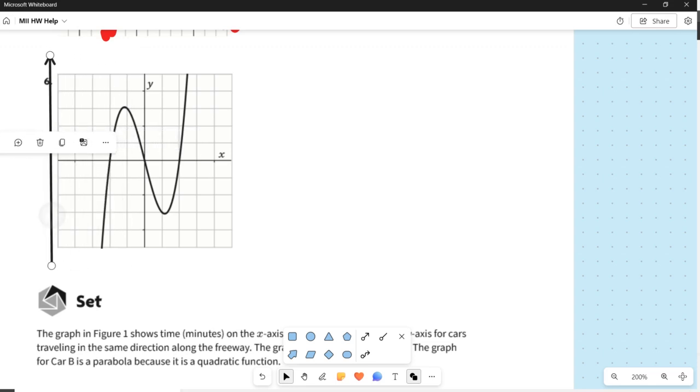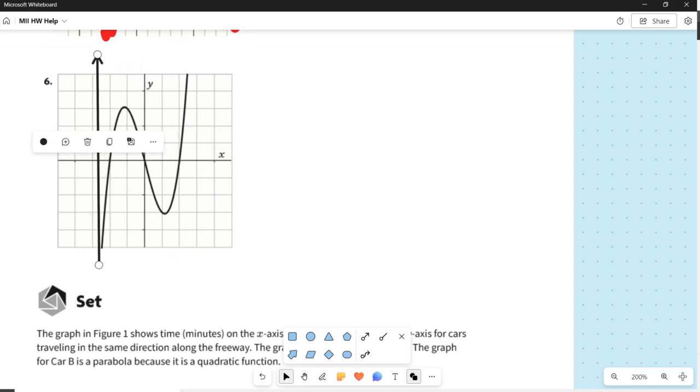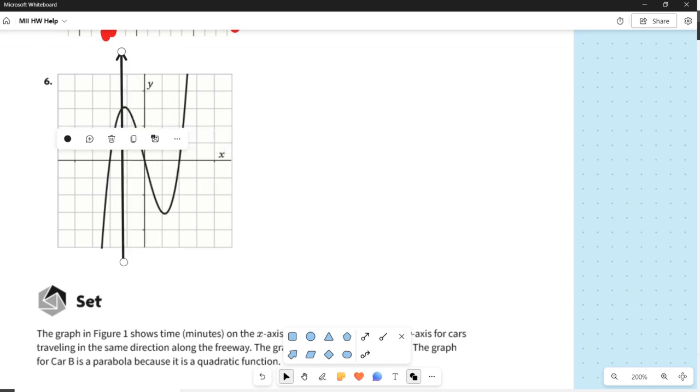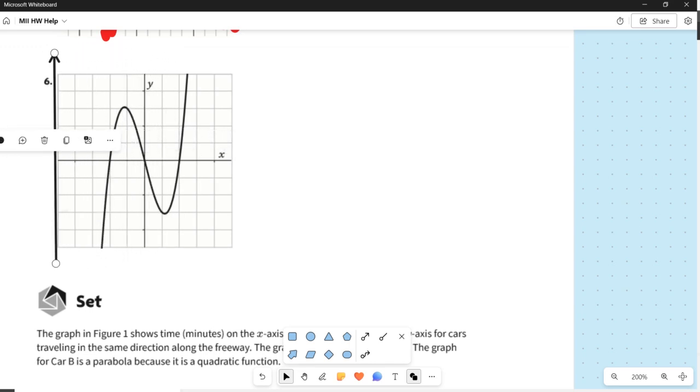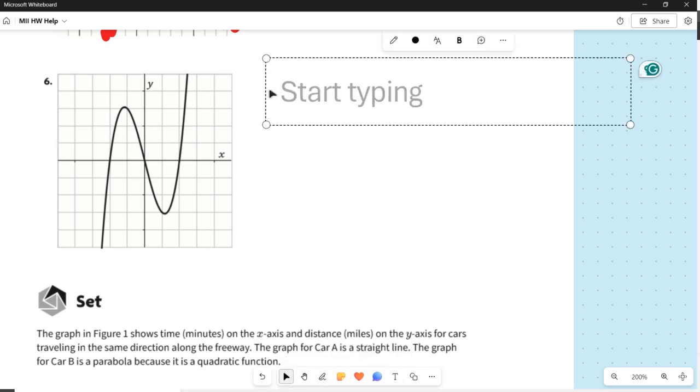Again, it is okay if it doesn't intersect at all. That's not a problem. What is a problem is if the curve were to intersect this vertical line more than once, and it only has to happen one time. If it does, then it's automatically not a function. But I don't see that happening. So 6 is a function.